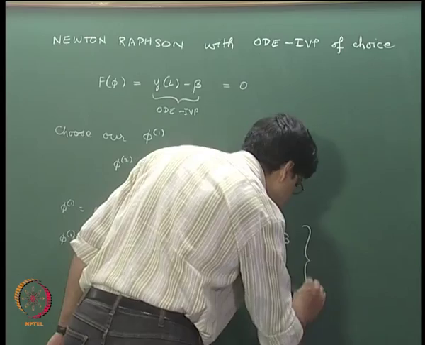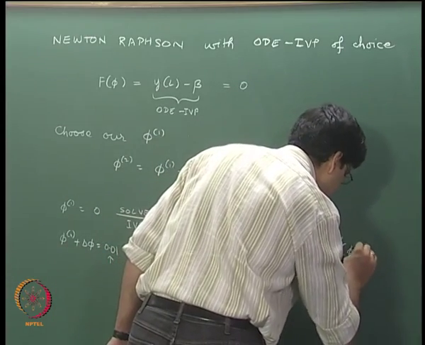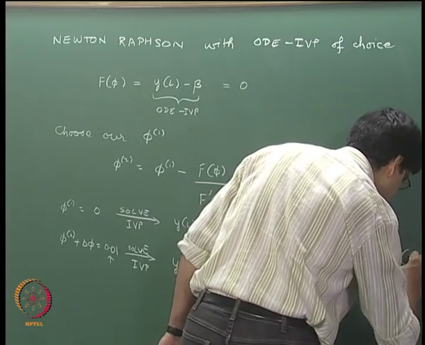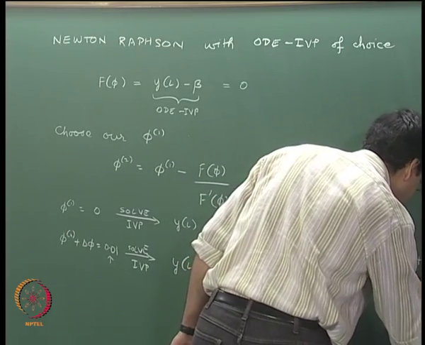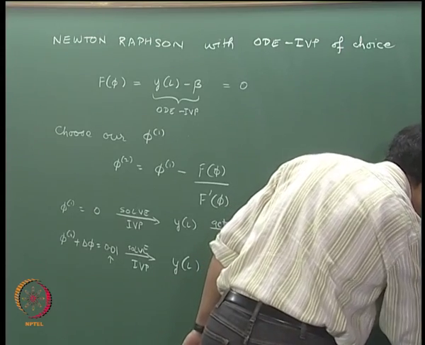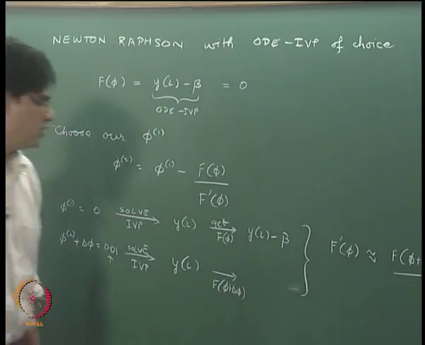We can use these two guys, and our f dash of phi is going to be approximately equal to f of phi plus delta phi minus f of phi, divided by delta phi. Okay.